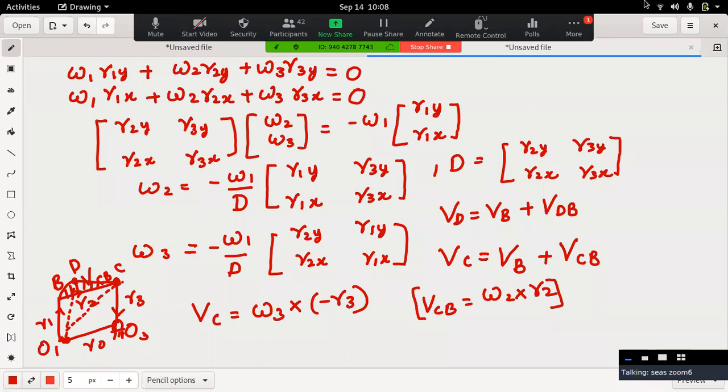And then VDB is nothing but omega 2 cross RDB. RDB is known because the position of point D with respect to point B is known. So we can determine RDB and then the value of VDB. So this is the method to determine the velocity of any point on any link using the analytical vector method.